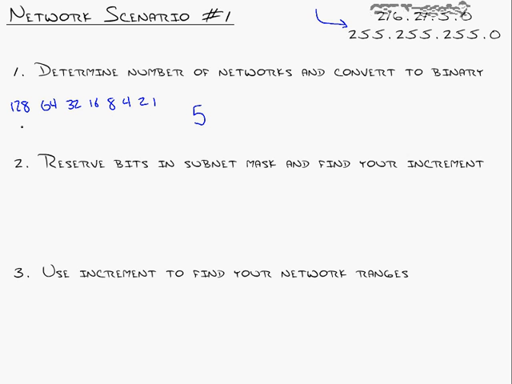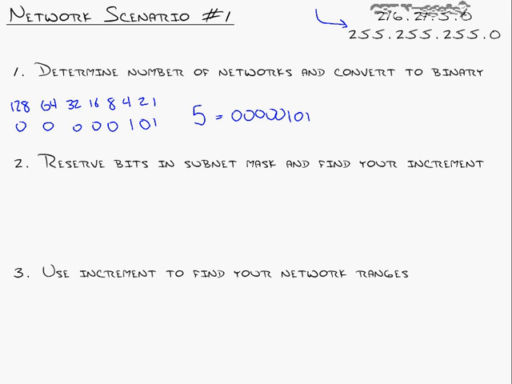So 5 as a binary number is nope, nope, nope, nope, nope. Yes, there's our first one, 4, 0, 1. So we know that 5 is 0, 0, 0, 0, 0, 5 zeros, 1, 0, 1. That's our binary equivalent. That's all there is to step 1. The second step is the big one. Reserve the bits in the subnet mask and find your increments.